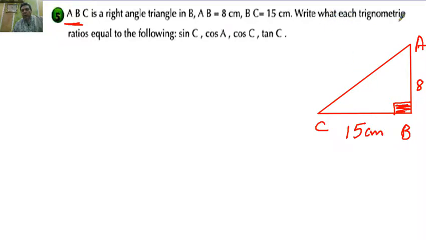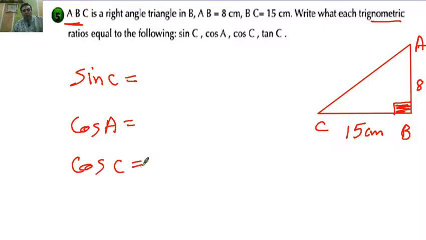Write each of the following trigonometrical ratios for sine A, cosine A, cosine C, tan C. First, we must find the length of AC.